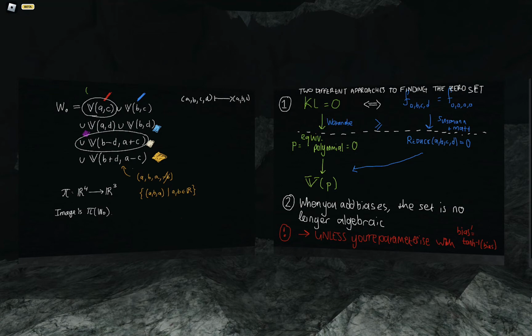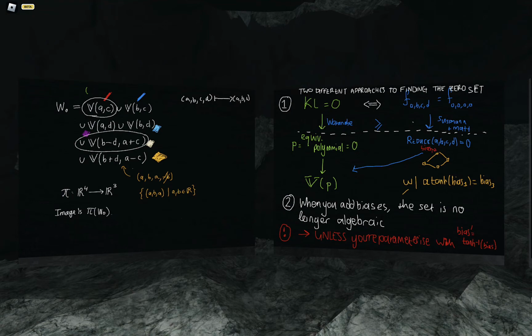What I've seen when I've done this in the more general case with biases is that when I construct these sets, these irreducible components of this zero set, there are components that correspond to something like this: the set of all parameters such that A equals tanh of bias 1 equals bias 3, if you augment the network we had before with a bias 1 here.